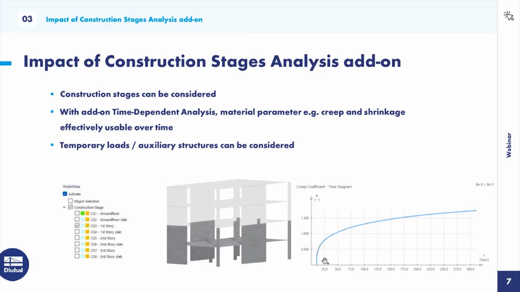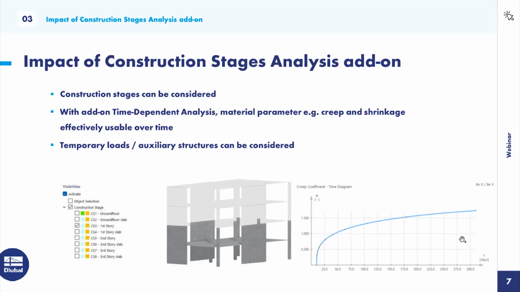That's important. What I think about first is the material parameter, for example, for the creep and shrinkage. So you see, after 30 days, it's a completely different creep coefficient in comparison to 120 or 150 days.